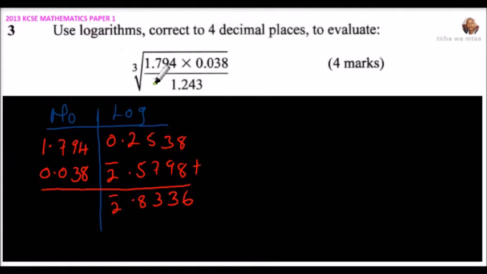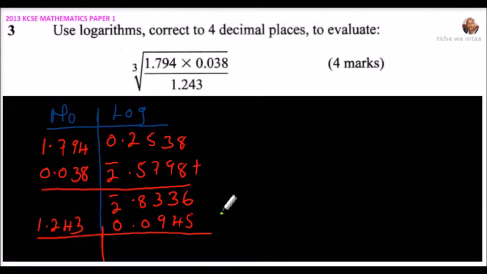Then we get 1.243. You get this from the mathematical tables. This you get direct, it is 0.0945. You put a line there, because we are dividing, we subtract.